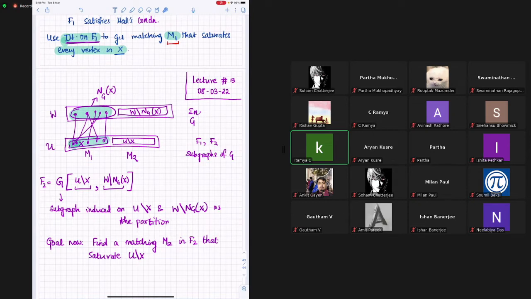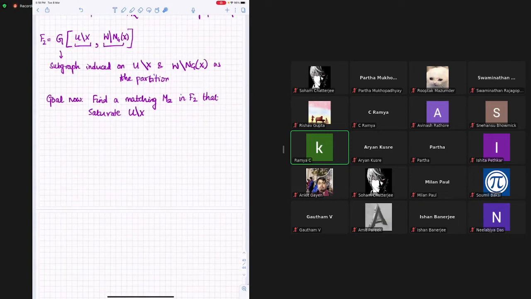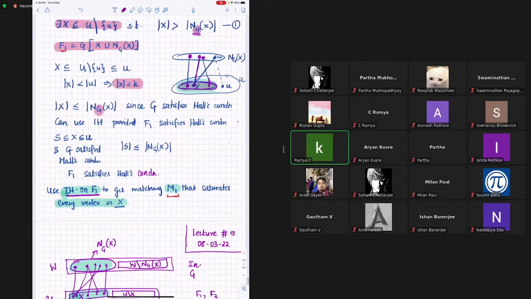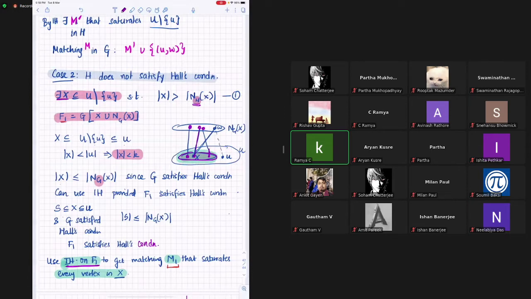Okay, so now what should you do? You want to find the matching in F2 that saturates this set. For that, I have to use the inductive hypothesis. But before that, let's try to observe something. You have a set X, right? You started with this set X. You know that H does not satisfy Hall's condition.